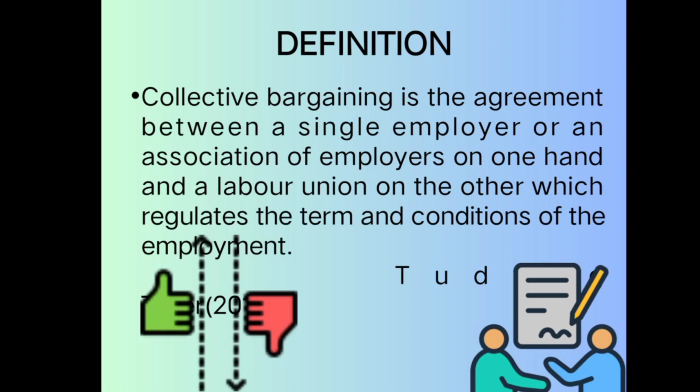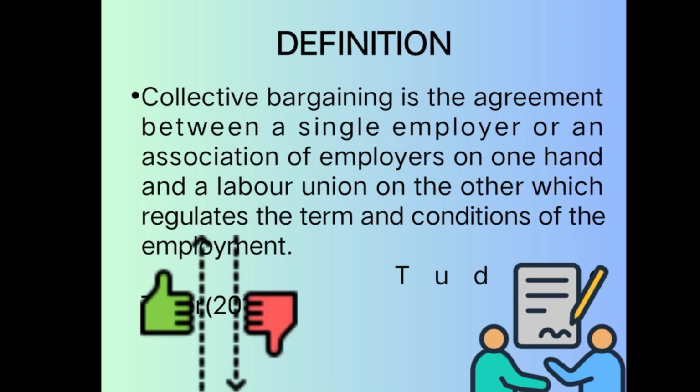So in simple terms, collective bargaining means a group of employees going to bargain with the organization for their benefit. Whether the organization accepts or rejects depends upon the process of bargaining, that is collective bargaining. A single individual cannot do the bargaining in an institution.